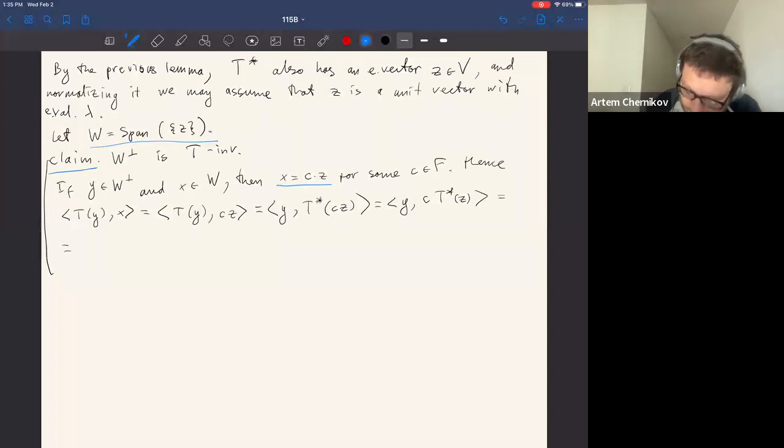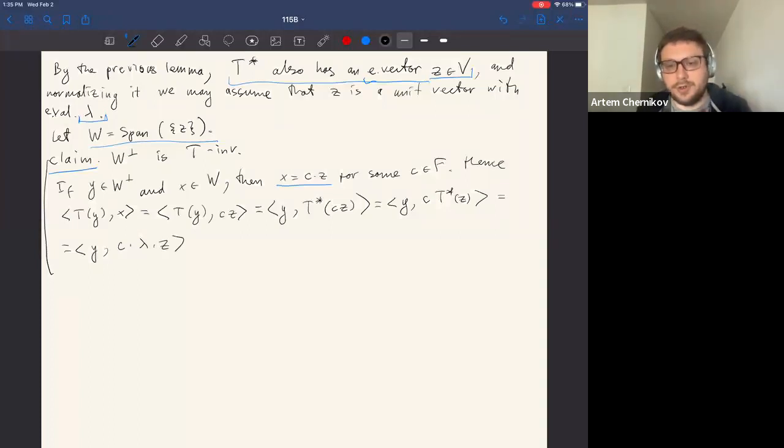Remember, Z is an eigenvector for T star, and we denoted the eigenvalue lambda. So applying T star to Z corresponds to simply multiplying by lambda. So this is the same as Y inner product with C times lambda times Z. So this is the expression for C T star of Z.